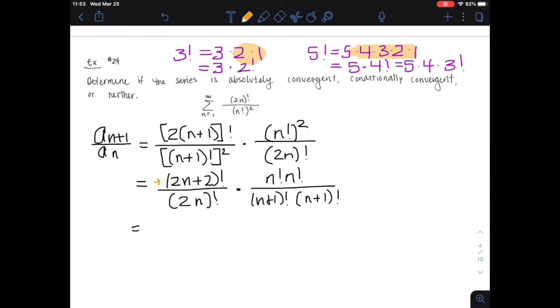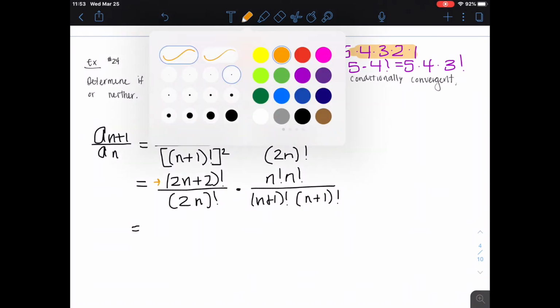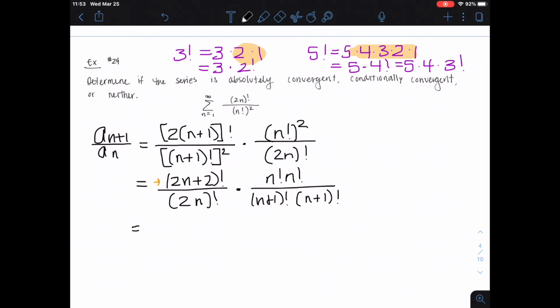So this 2n plus 2 is a larger number. I'm going to keep pulling off the top integer, get the next one factorial, until it'll cancel with the smaller one in the bottom. So if you pull off the 2n plus 2, you're left with the next number factorial. So 1 less than that would be 2n plus 1. And you could get that factorial, but that's not going to cancel with what we have in the bottom.